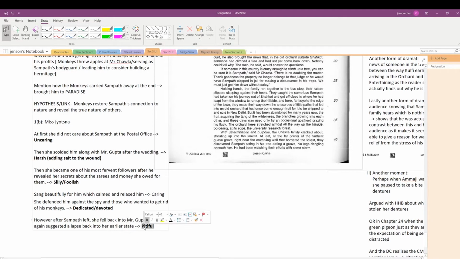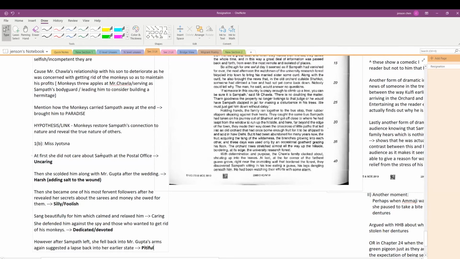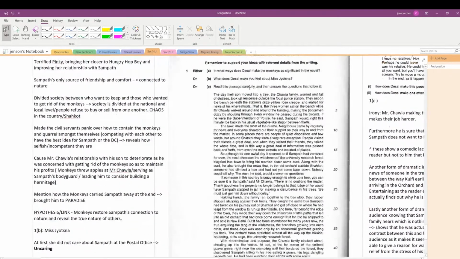So pitiful, not just because she has lost Sampath, but because she has fallen to Mr. Gupta's ulterior motives. Okay, so yeah, some possible ideas you could mention for Miss Josna over here.